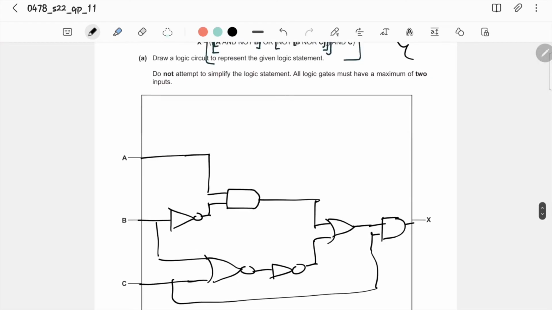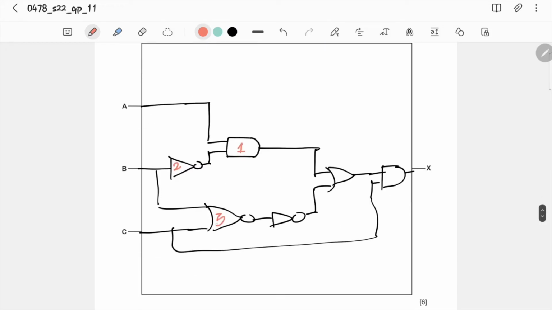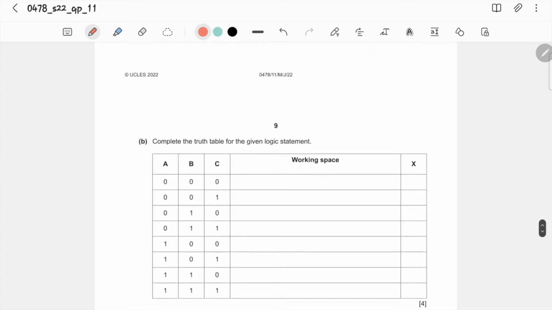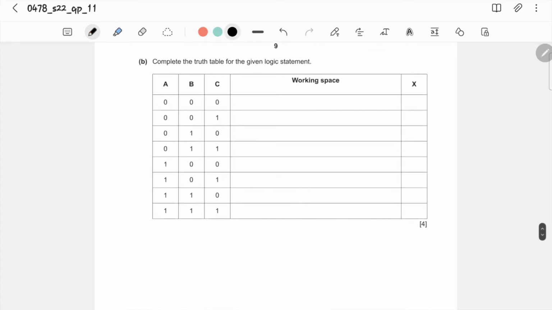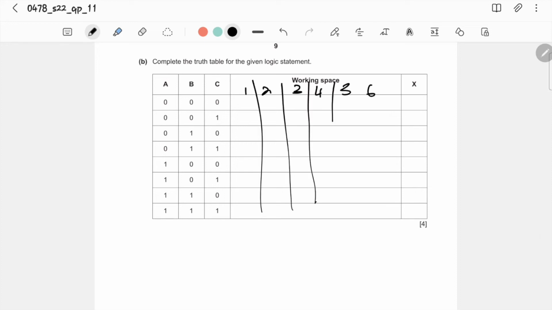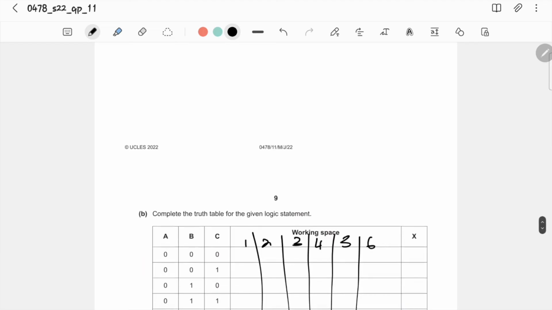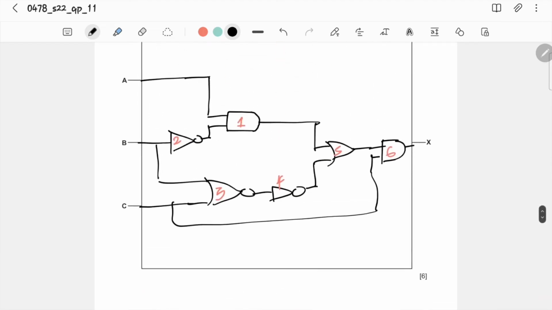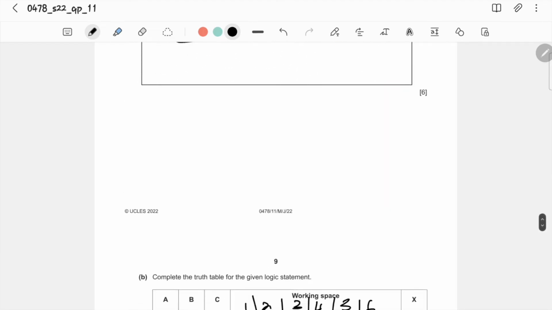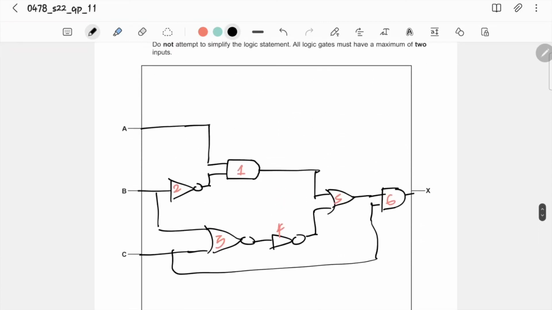First of all, what I like to do is label everything. So label 1, 2, 3, 4, 5, and 6. We have 6 of them. Okay, let's start off with 1. 1 is the AND gate of 2 and A. So actually, let's start with 2.